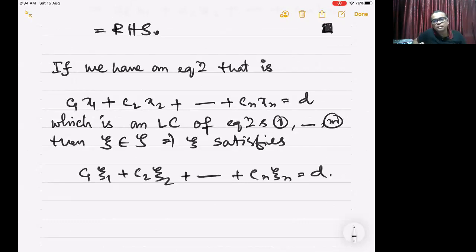So crux of the matter, if I have a system of equations and I know some solution, then that solution automatically will satisfy any linear combination of those equations. Right? So if I form new equations by taking linear combinations of the old equations, they will certainly satisfy. So any solution of the old system will certainly be a solution of the new system also.